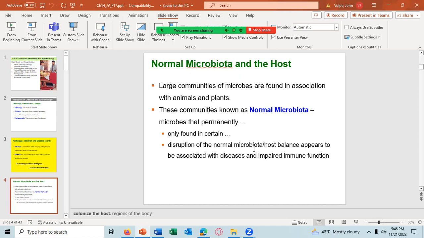And like I said, disease or impaired immune function can happen while the normal microbiota host balance is in play. Normally, when you take antibiotics, you get constipation at most for a day or so, and the same with diarrhea for a day or so. Sometimes I've had it just for a few hours. And that's because the normal microbiota quickly reestablish another balance.